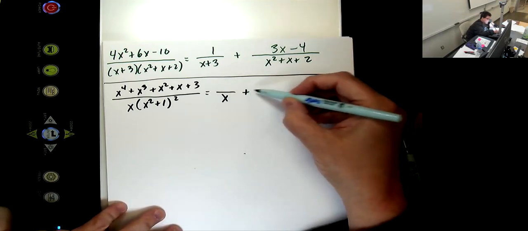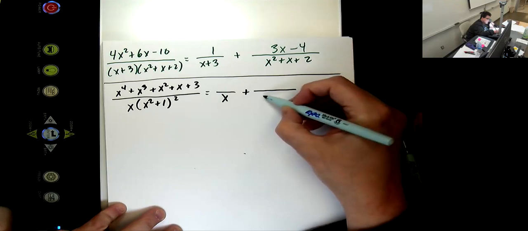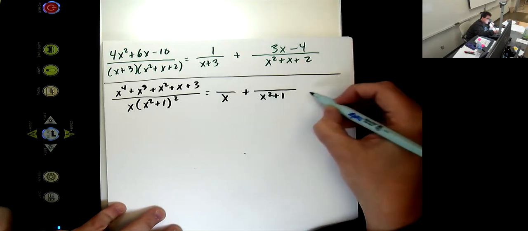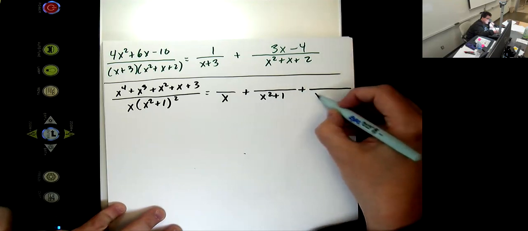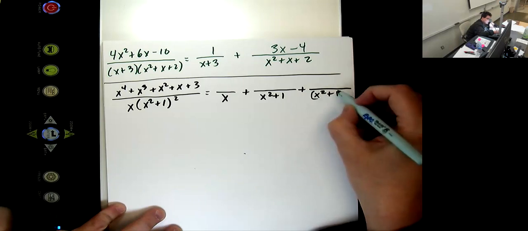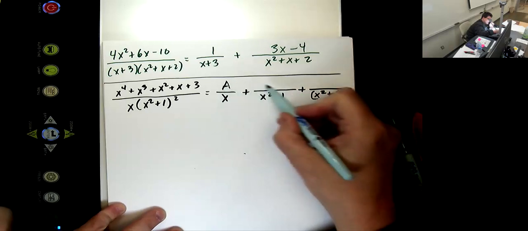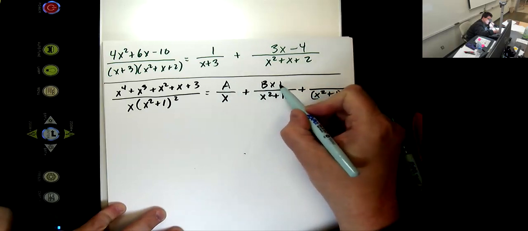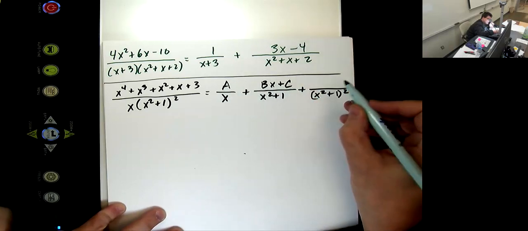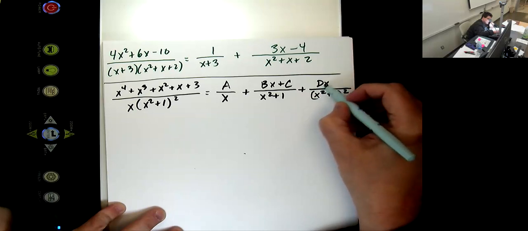And then an x squared plus 1 shows up squared, so I gotta do 2 of them. The first one is x squared plus 1, and the second one will be x squared plus 1 squared. Anything with an x squared is gonna have a 1 degree lower, and this one has 1 degree lower as well.